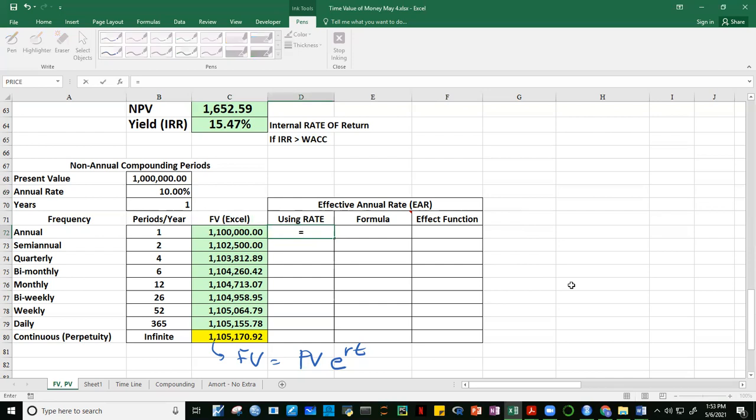Is equal to rate. Gamitin natin yung rate function natin. So ano yung NPER natin? What will be our NPER? So it's 1 year. Fix natin yan kasi ikakopy natin pababa. PMT natin wala. PV natin is 1 million.